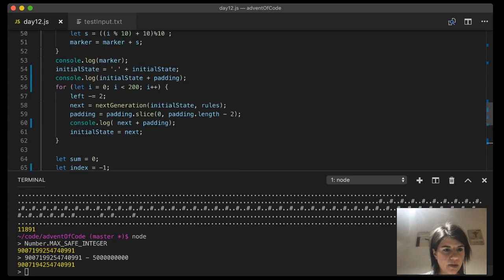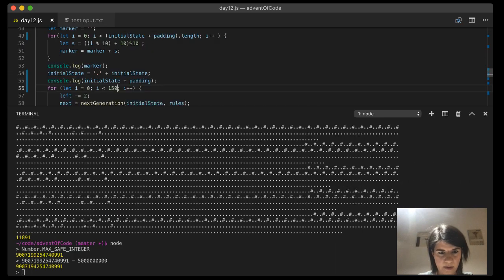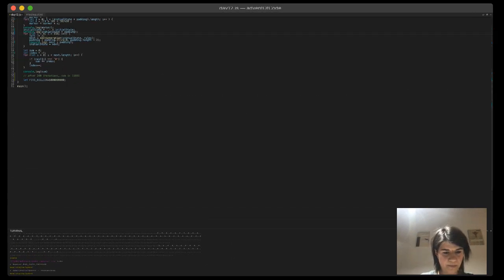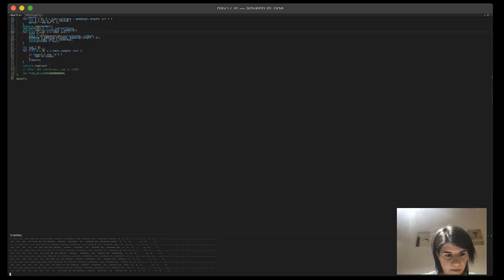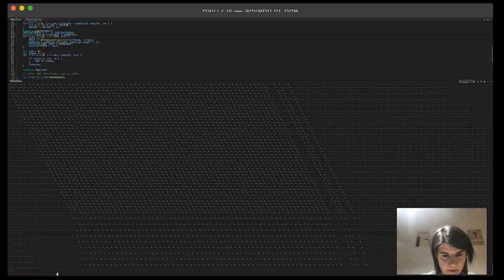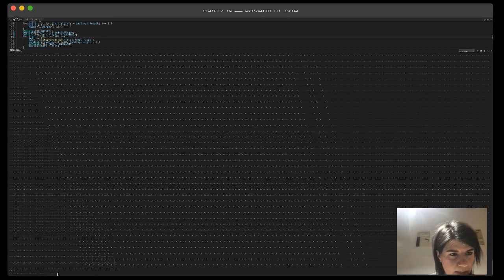Okay, so what I want to do is for 150, when it looks stable, sorry, I'm gonna go tiny again. I need to do node day 12. This is the tiniest. Why does it not fit anymore? Can I set the terminal to be wrapping?